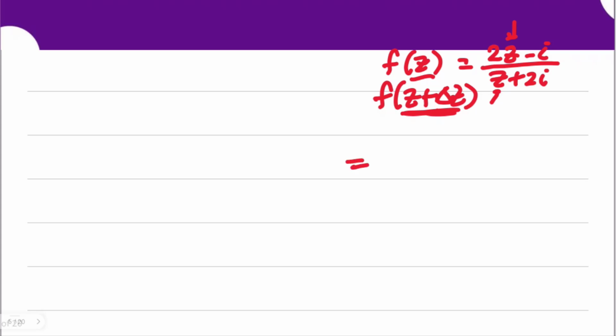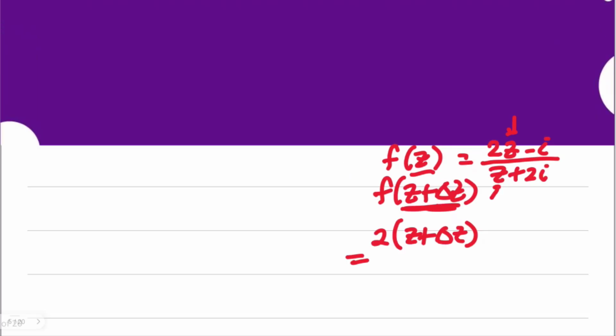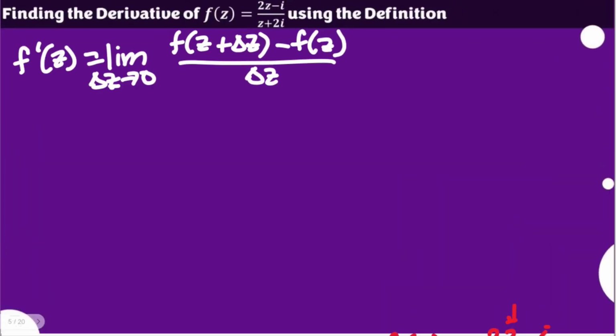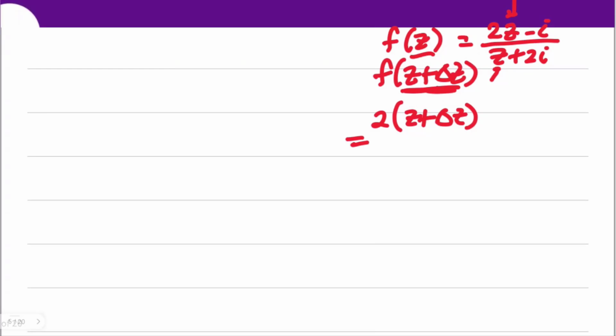So this is equivalent to 2 times (z plus delta z). By the way, we're doing this outside of this form, again, as mentioned, so that later on, our nested rational expression here is not that difficult to look at. Okay? So you have here minus i all over, your z becomes z plus delta z plus 2i.